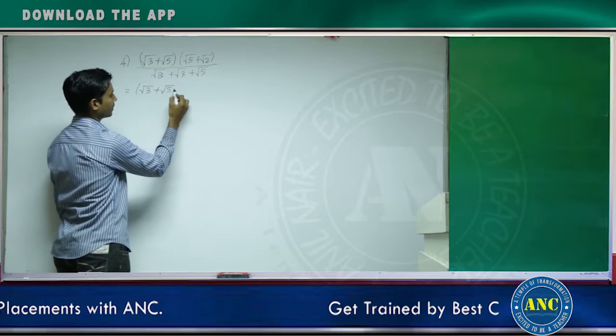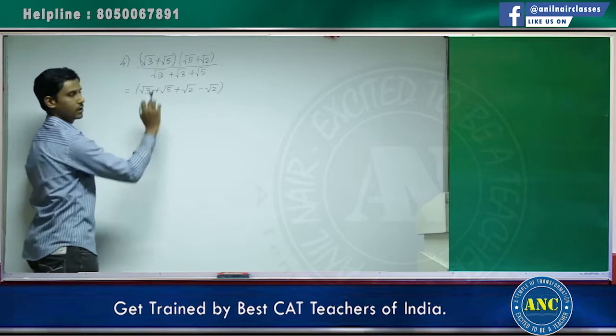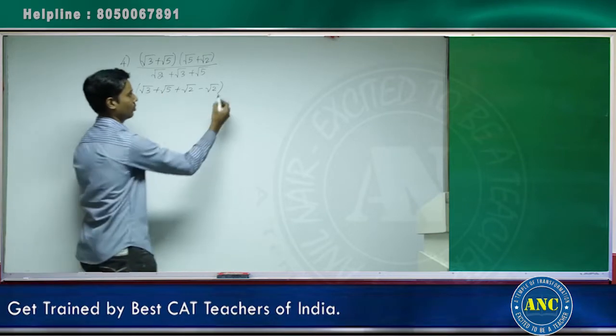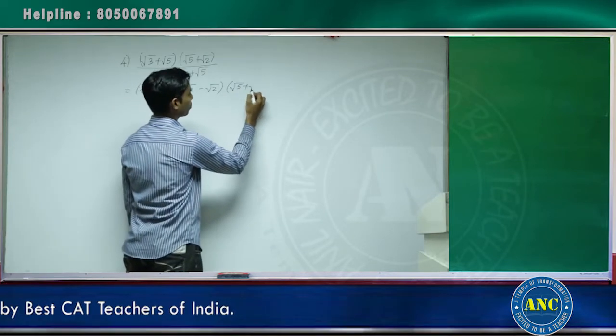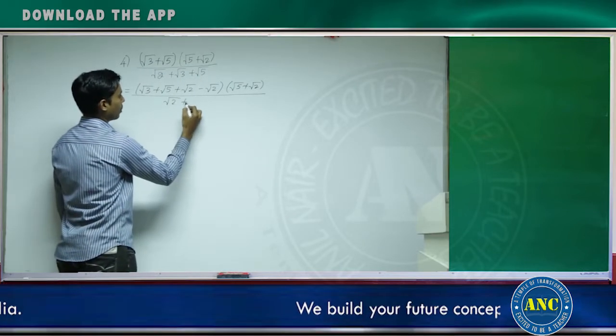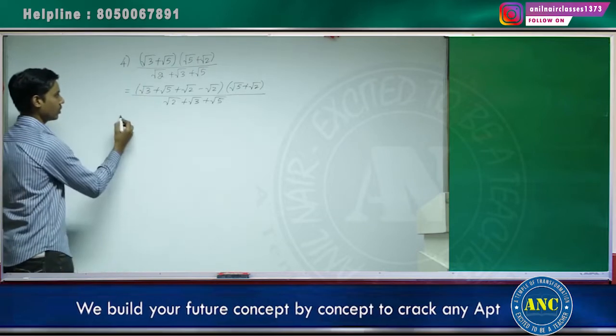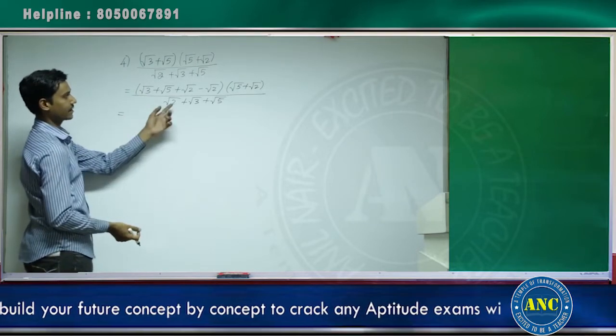Add and subtract the missing term. So if I add root 2, and if I subtract root 2, it will not change, it will still be the same. So into root 5 plus root 2 is divided by the denominator, which is root 2 plus root 3 plus root 5, right? Now if you observe here, why I added and subtracted?